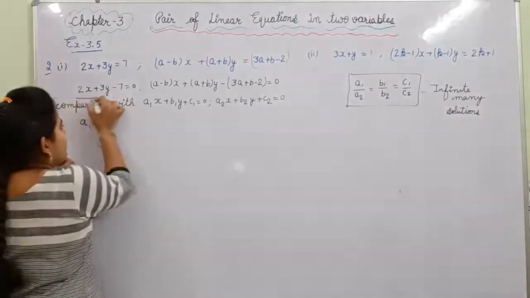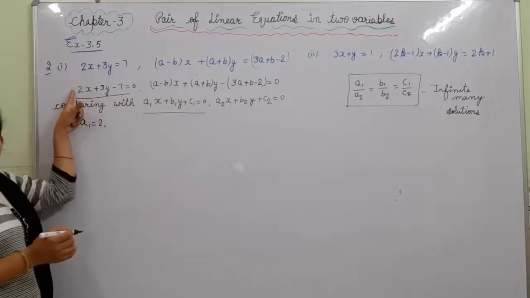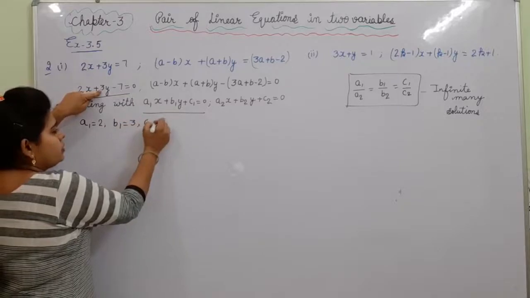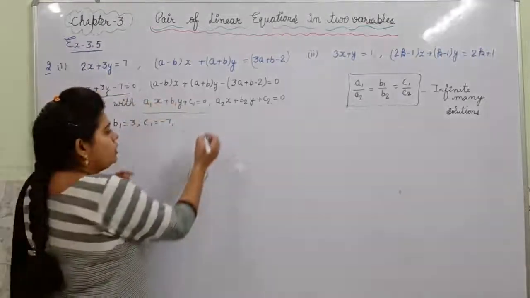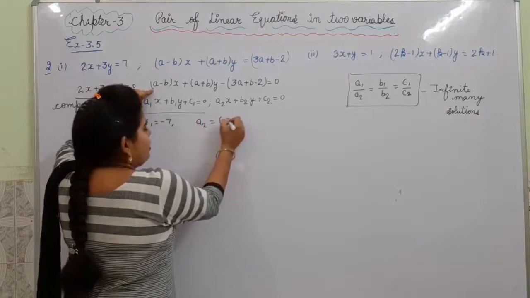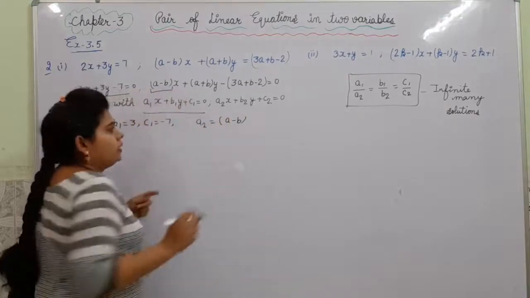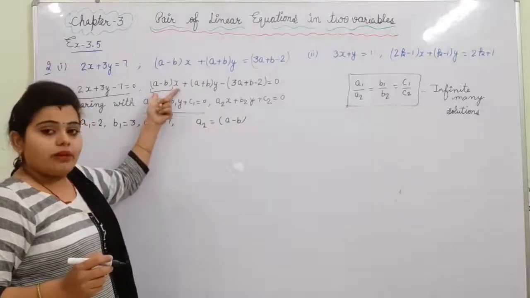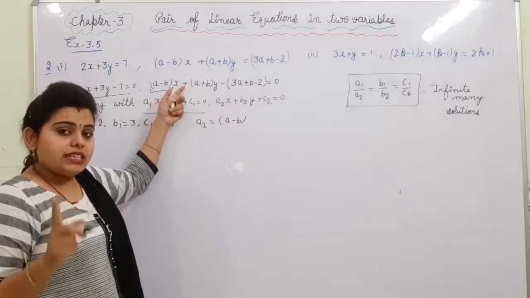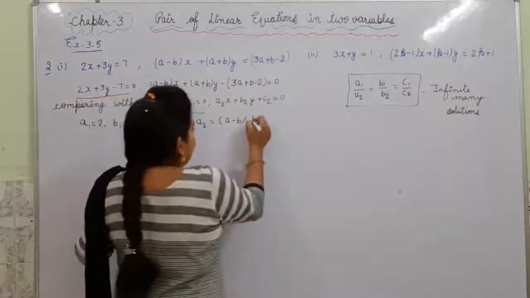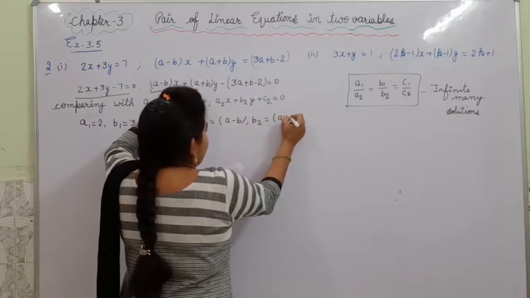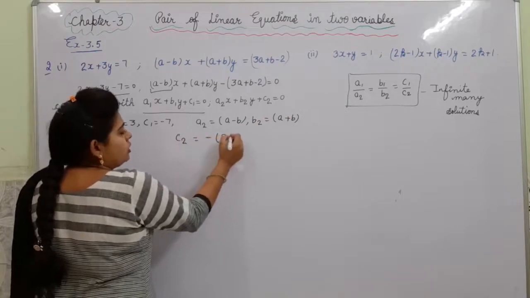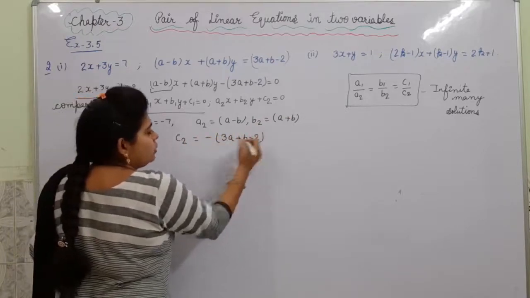We will compare the first equation with this. a1 is equal to 2, b1 is equal to 3, c1 is equal to minus 7, a2 is equal to a minus b. Because a2 is the coefficient of x, a2 will be equal to a minus b, because in this equation the coefficient of x is a minus b. After it, b2 is a plus b, c2 is equal to minus of 3a plus b minus 2.